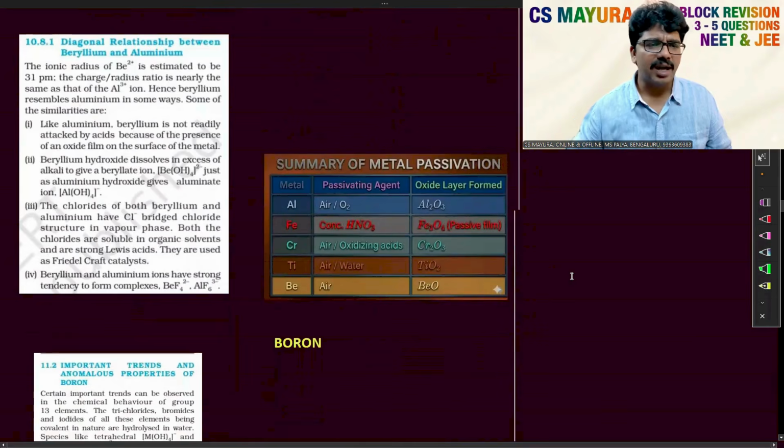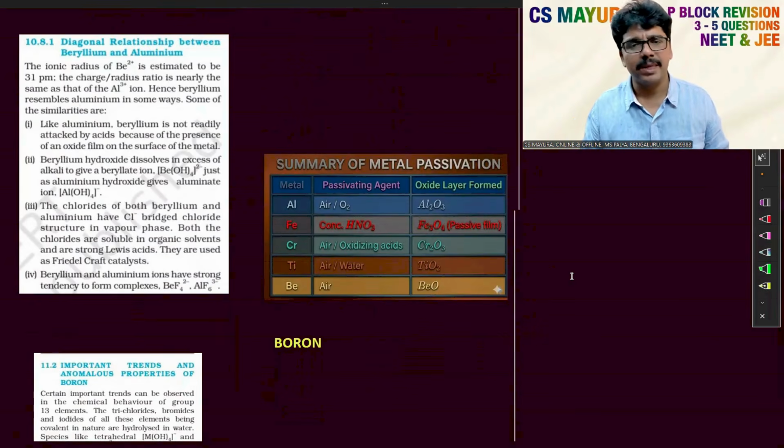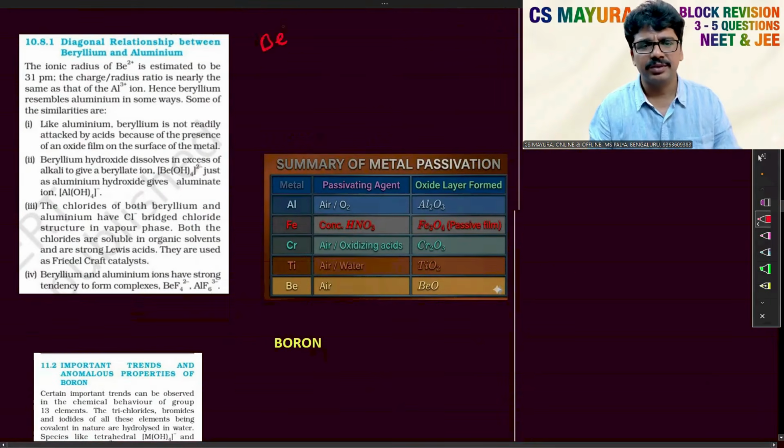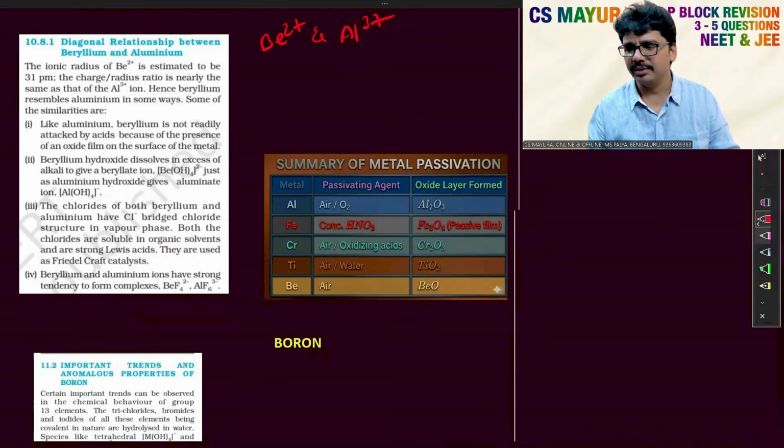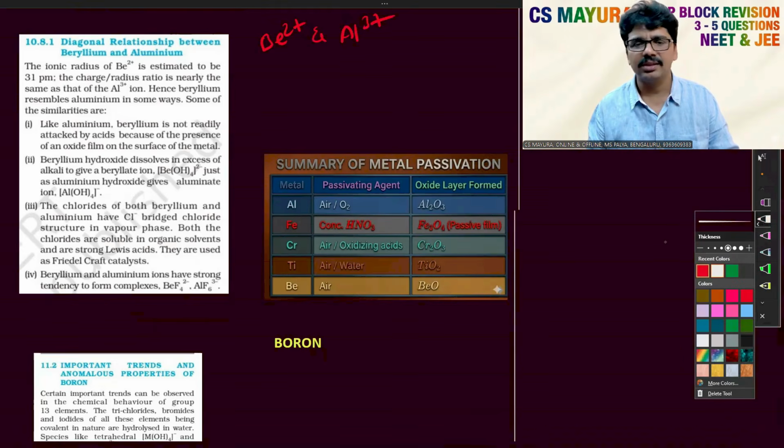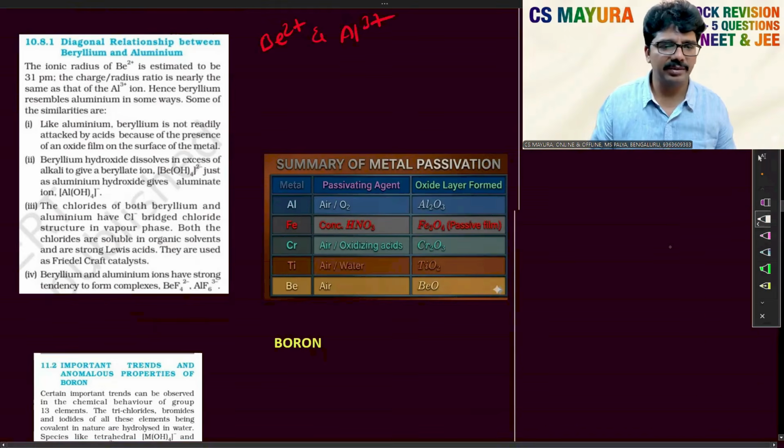Next, coming to anomalous properties of aluminum, or diagonal relationship with beryllium. As we discussed earlier, their polarizing power is the same. Be2+ and Al3+ have similar atomic radius, similar electronegativity and the same polarizing power.